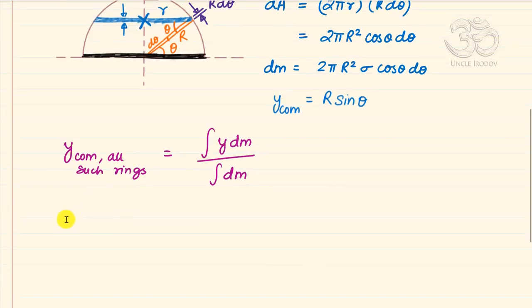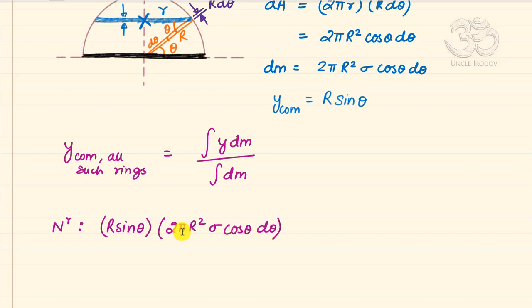For the numerator, y is this guy R sine theta, times dm, which is this guy 2 pi R square sigma cos theta d theta. So huge 2 pi R square sigma cos theta d theta, and I need to integrate all that.